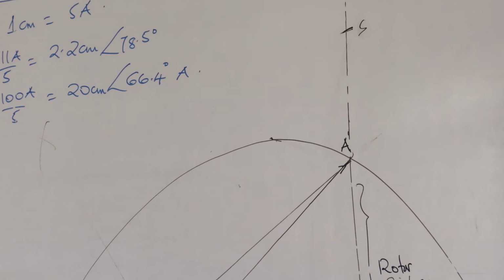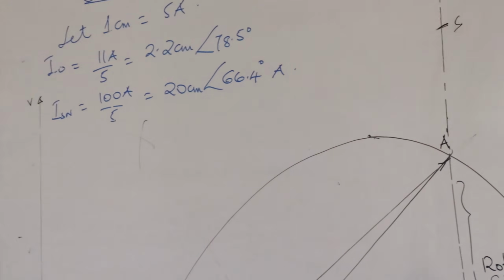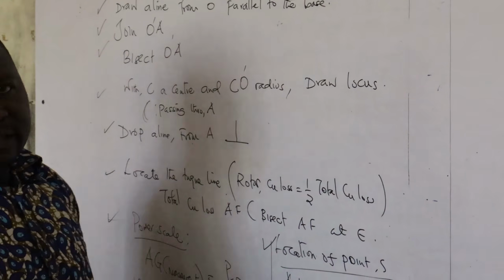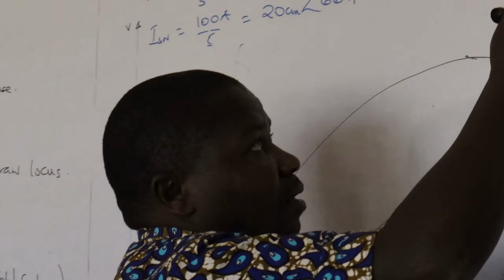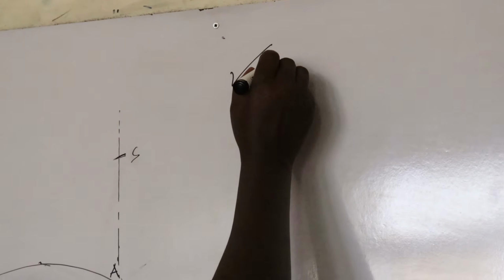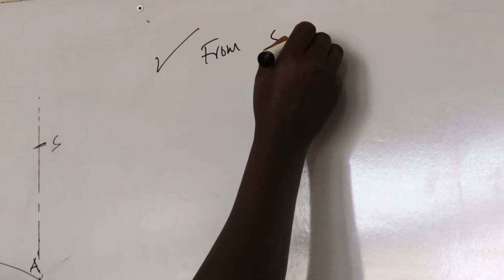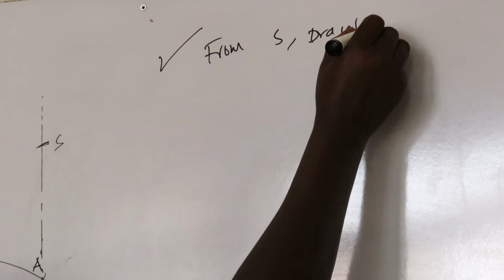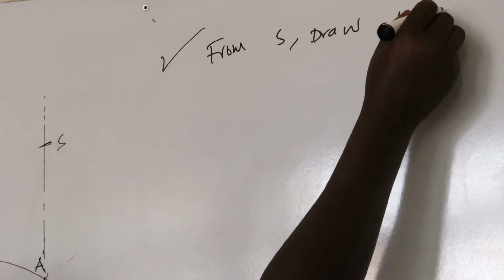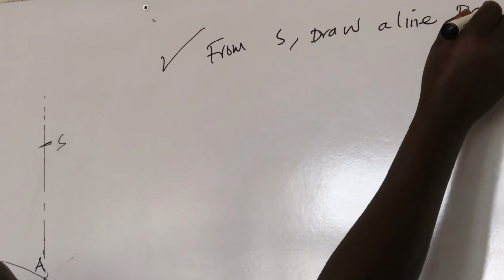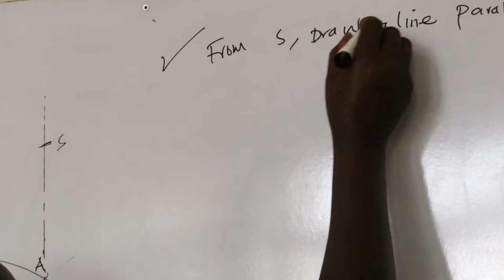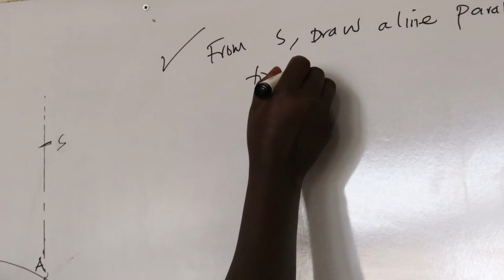Another point, that is, locate the last point. From S, draw a line parallel to the output line.